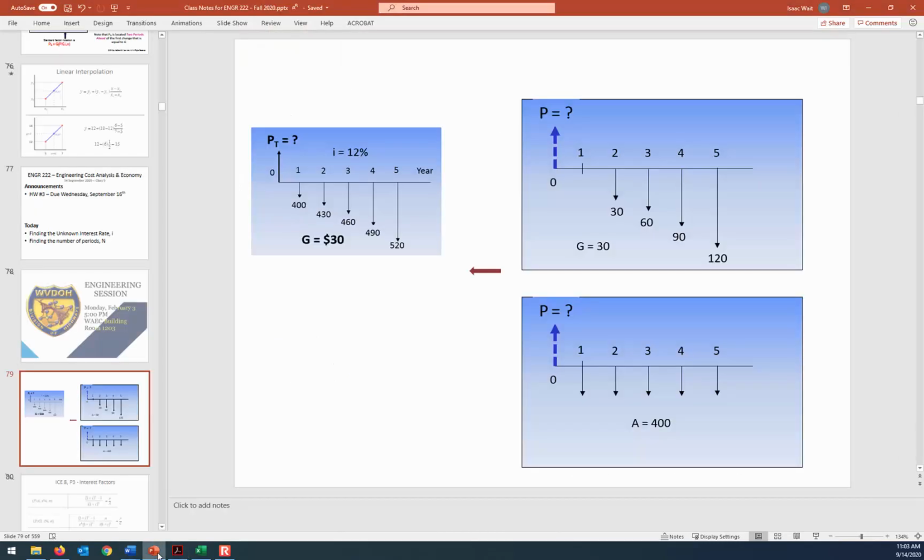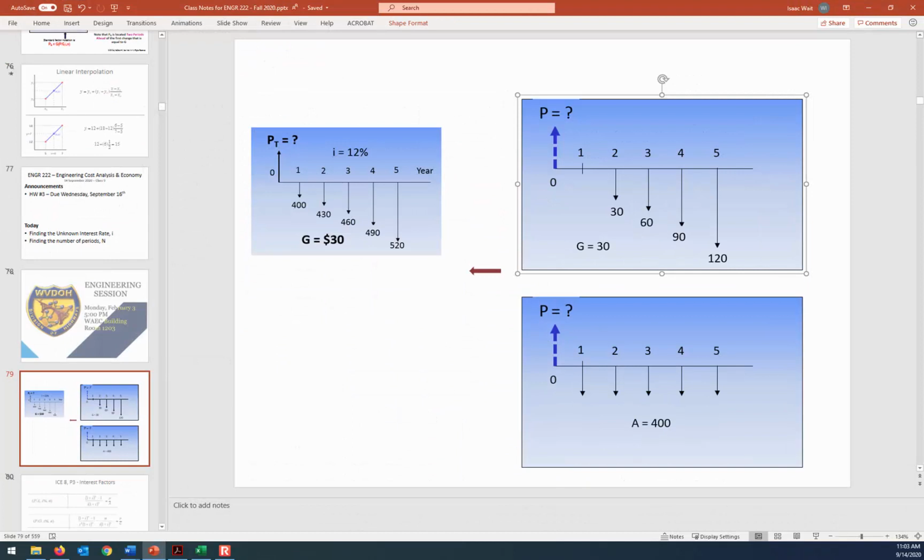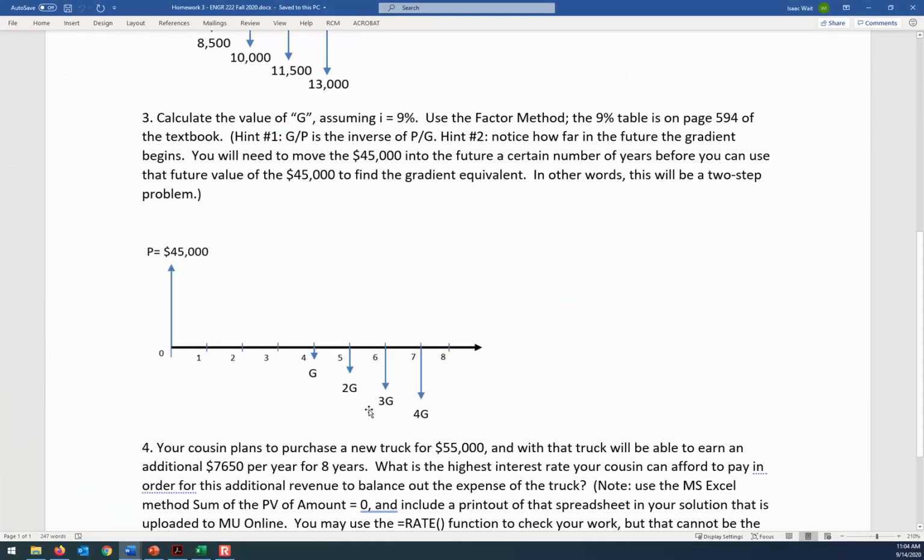And so what I wanted to mention is that this diagram shows us the typical form of a gradient. And so that typical form is that the 0 year is 2 years prior to when you see the first gradient effects. And so on the homework assignment, where do you first see the gradient effect? It's here in year 4.